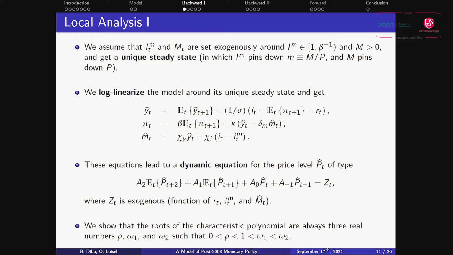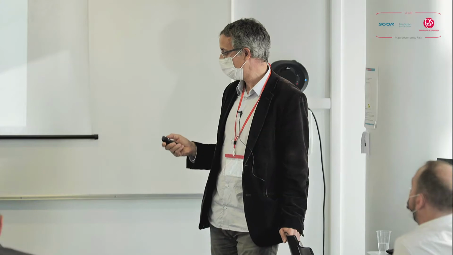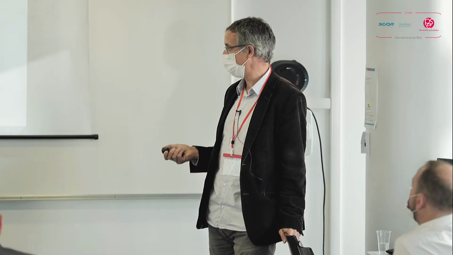And we show that the roots of the characteristic polynomial corresponding to this dynamic equation are always three real numbers, which we call rho, omega 1, omega 2, such that rho is between 0 and 1, and omega 1, omega 2 are above 1. Again, always for any structural parameter value, any functional form for the production and utility functions.